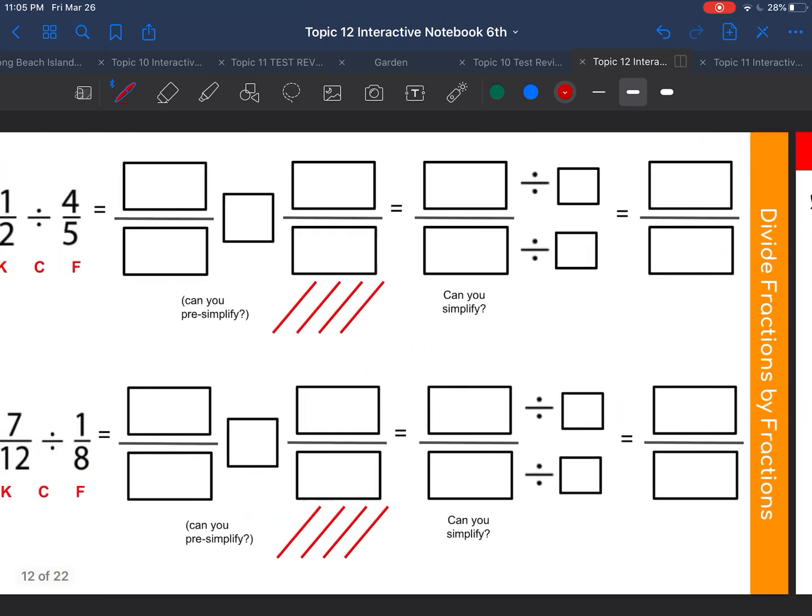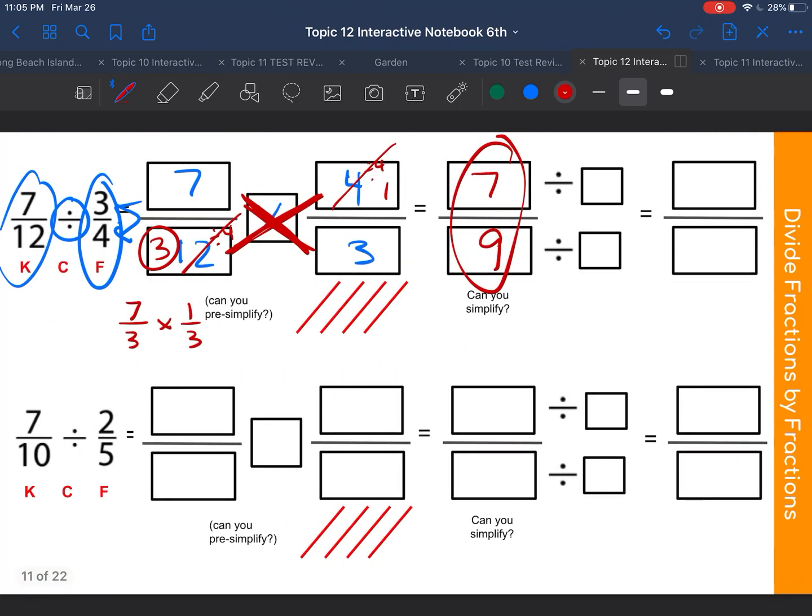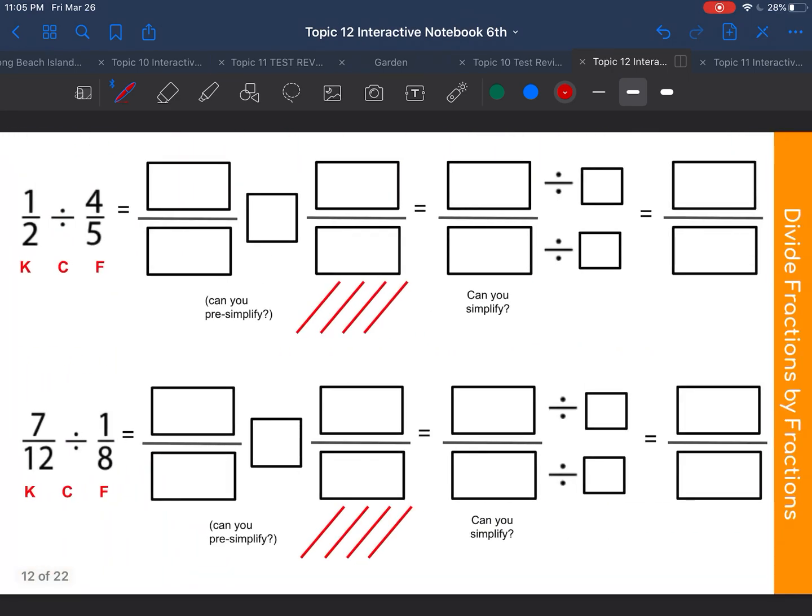All right. What I want you guys to do is complete this problem and this next slide. Those 3 problems I want you to complete for homework. See how you feel with those problems. Again, you can pre-simplify if you want. You can just multiply across if you want.